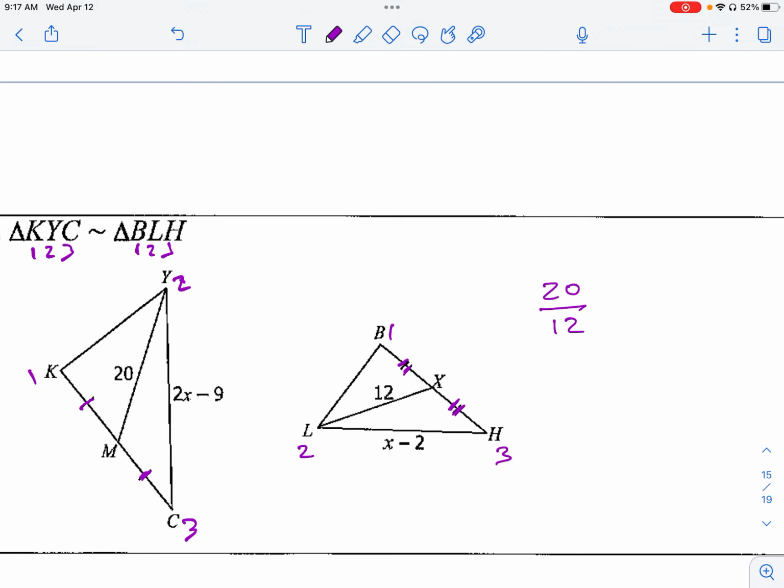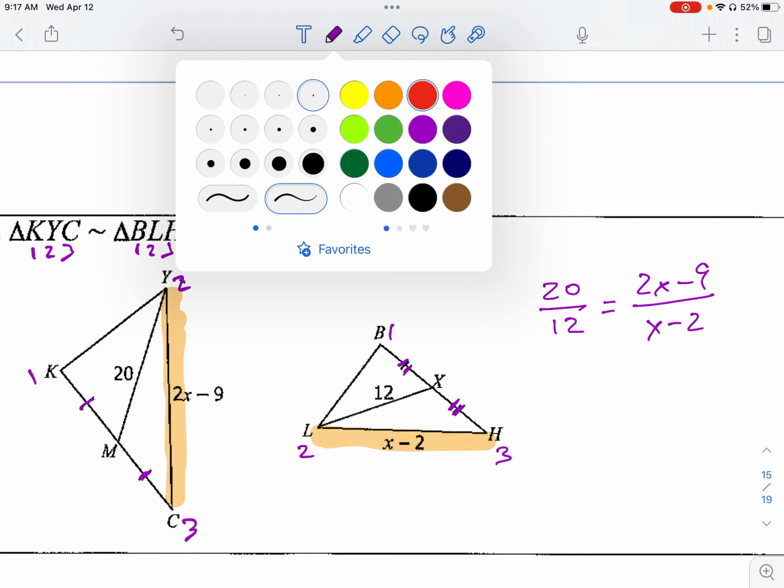So we get 20 over 12. We get 2x plus 9 between 2 and 3. We need 2 and 3, so that's x plus 12, x minus 2, so 2x minus 9 over x minus 2. Same exact process that we've done before.